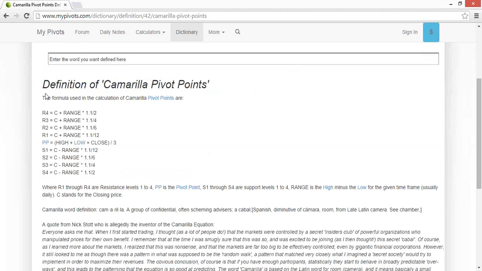I have different numbers, by the way. Well, now, it says here C, closing price plus range, times 1.5 times 1/4, 1/6, 1/12. So it's basically taking closing prices and ranges into account, according to this website.